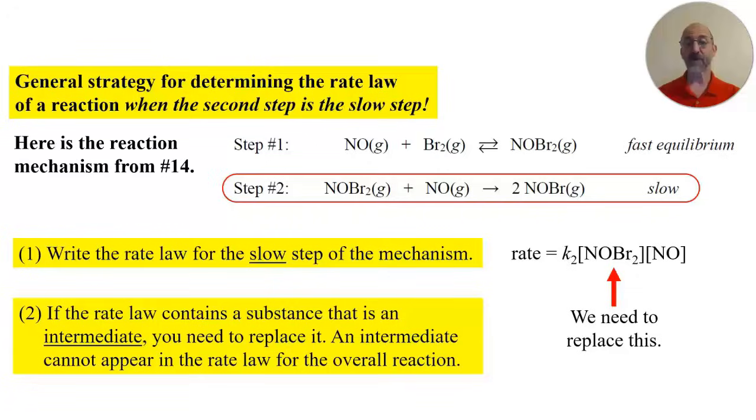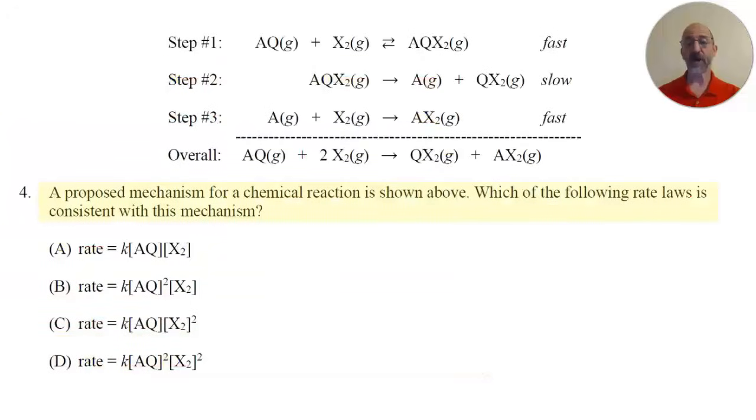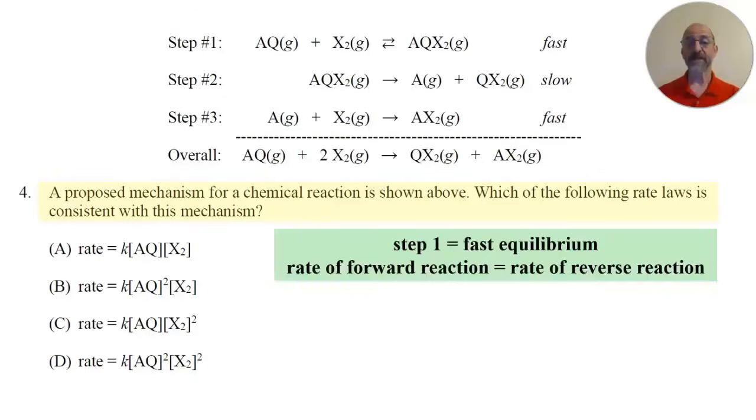So now back to question 4, I'm going to go ahead and apply that procedure right now. The first thing I'm going to do is talk about step 1, which is that fast equilibrium step. Because step 1 is a fast equilibrium, the rate of the forward reaction, from left to right, is equal to the rate of the reverse reaction from right to left.